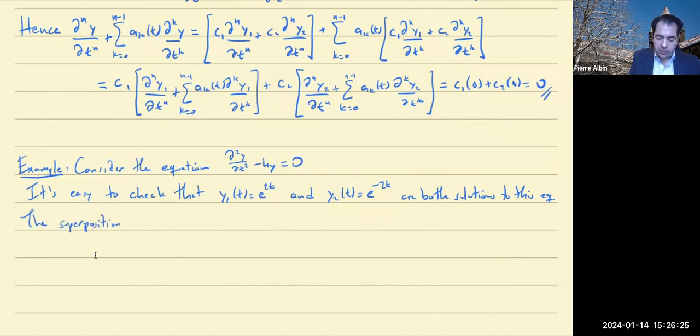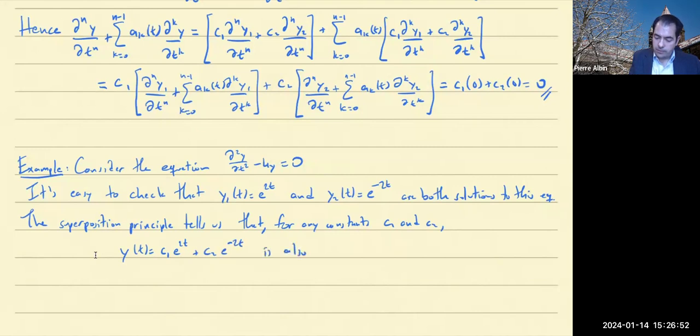The superposition principle tells us that for any constants C1 and C2, the function y of t equal to C1 e to the 2t plus C2 e to the minus 2t is also a solution.